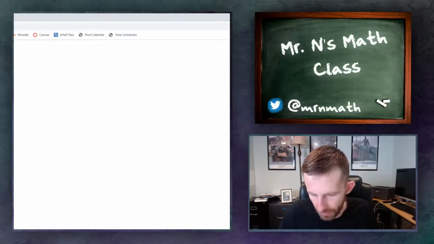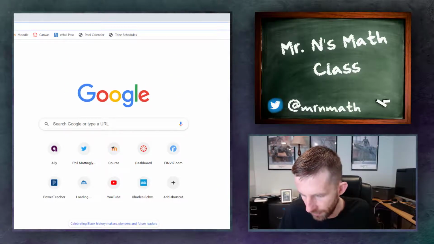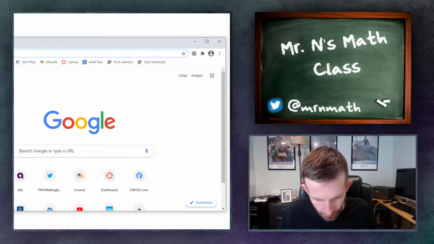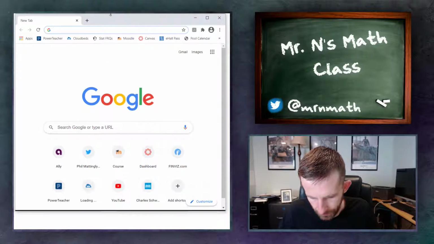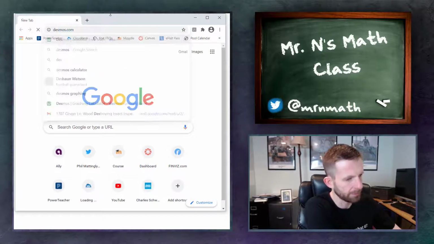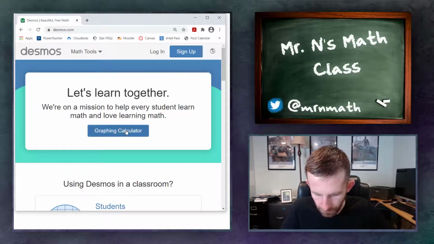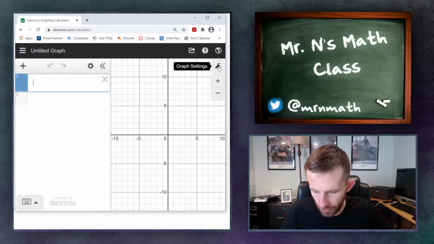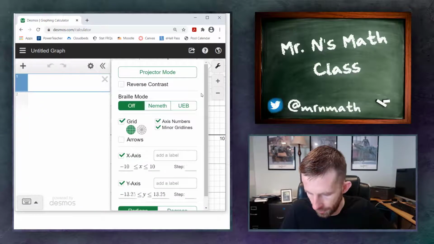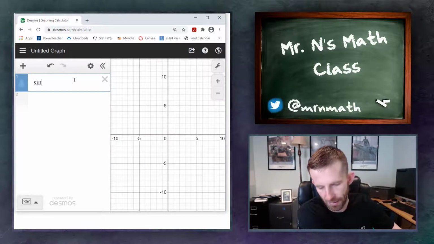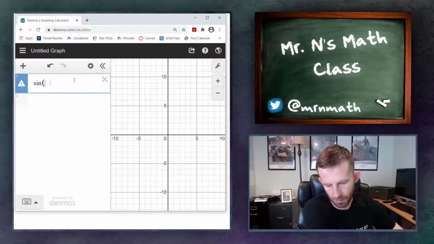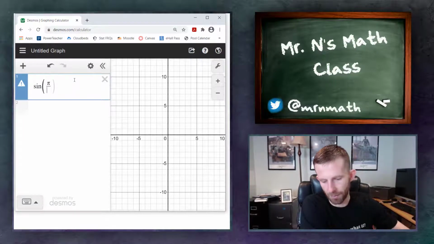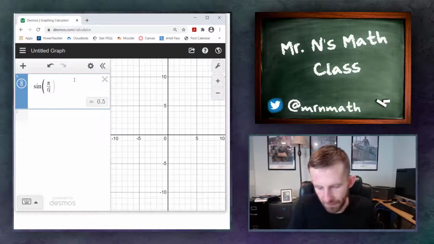If we look at that on Desmos, we are by default in radians. So if we do sine of pi over 6, we get 1/2.